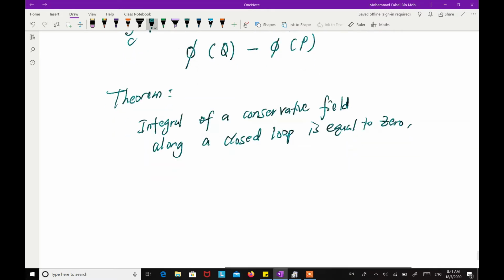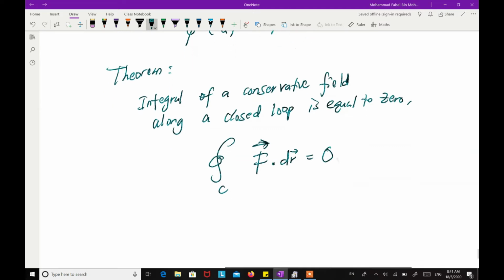So we may write the closed integral of F dot dr equals 0, since the simplest path from a point to the same point is no need to move.